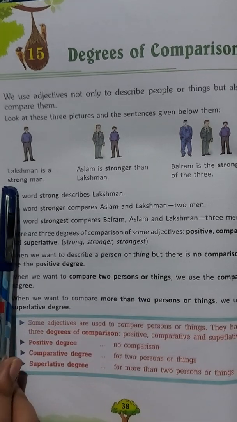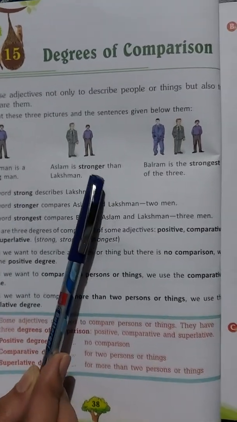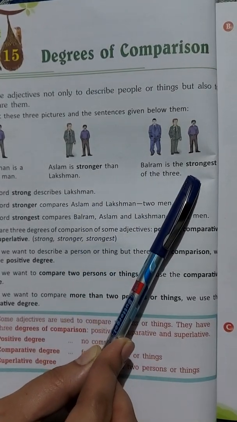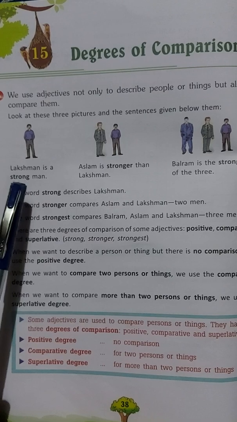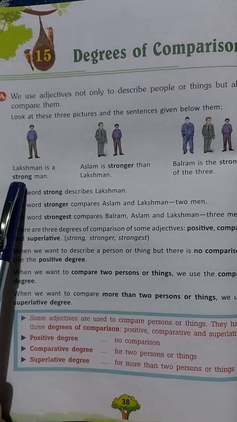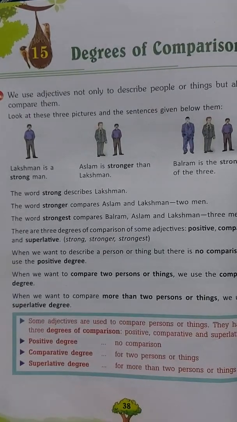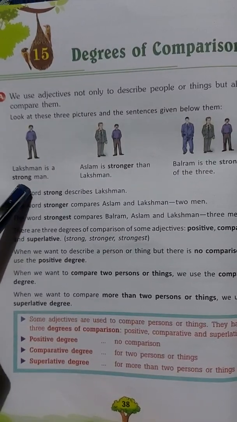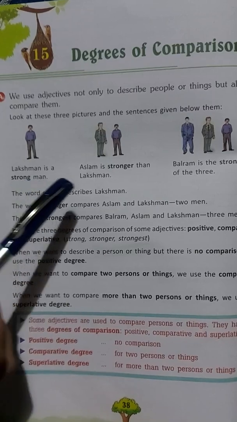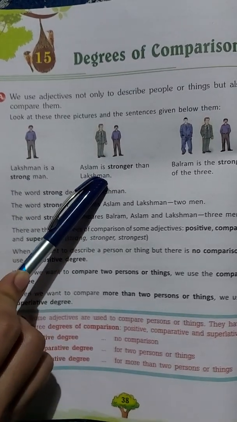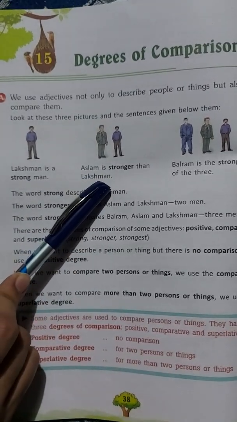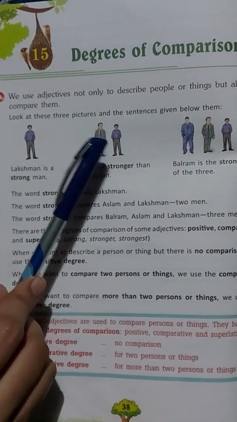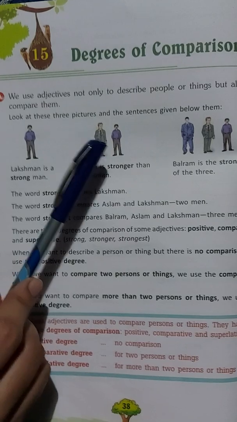So children, strong, stronger, strongest. Strong is the positive degree, right? And it is used when there is no comparison. Stronger is the comparative degree and used for comparing two, right?